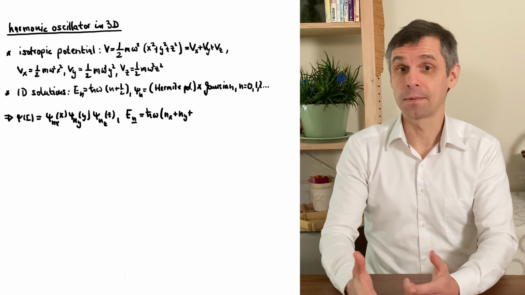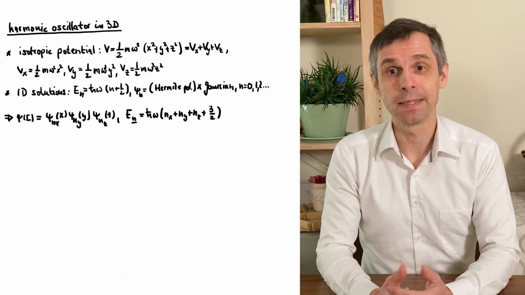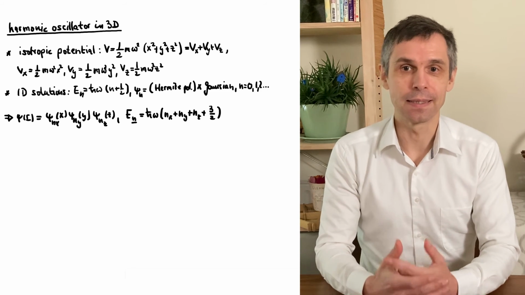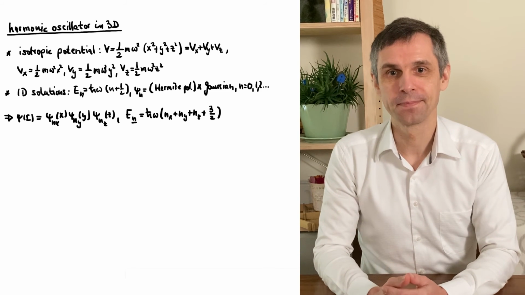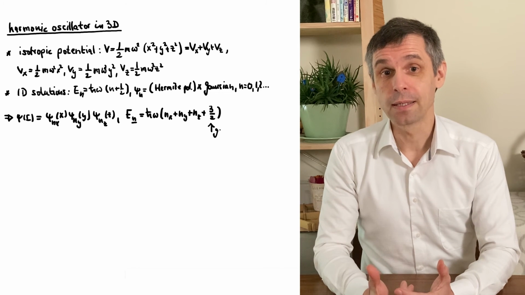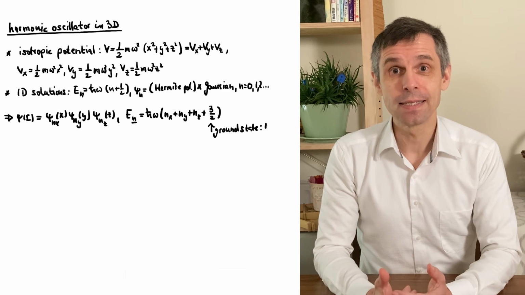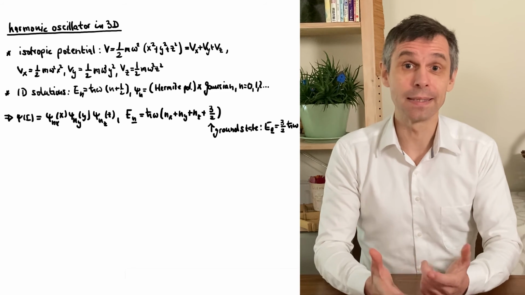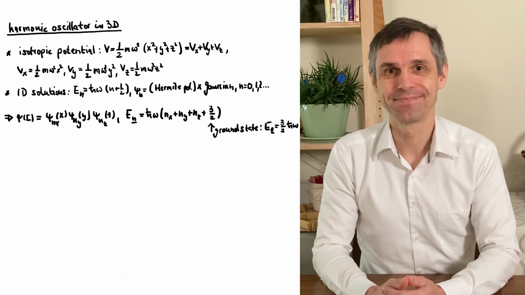There are again 3 independent quantum numbers, n_x, n_y, and n_z, which are all still integers, but now each starting at 0 instead of 1. So in the ground state they all vanish, and the ground state energy is now 3/2 ħω, just 3 times that of a one-dimensional oscillator.